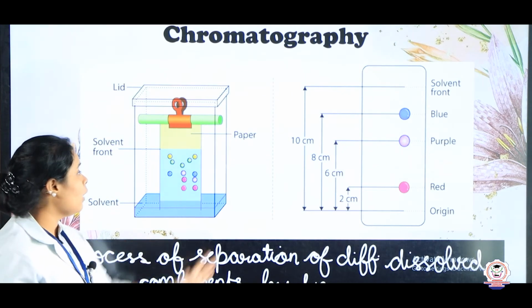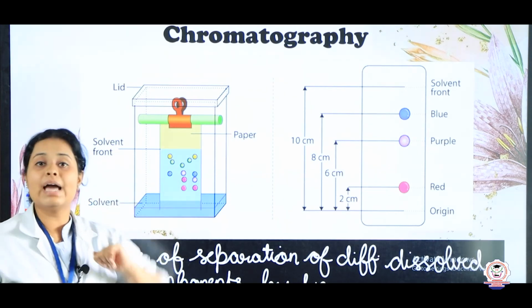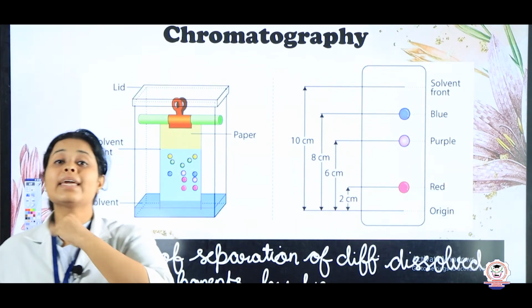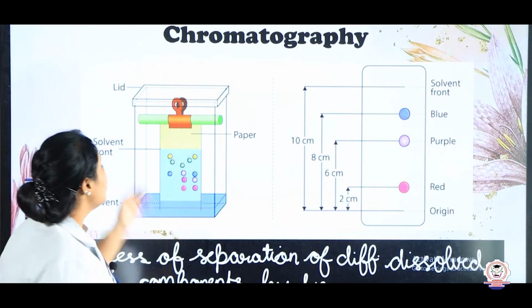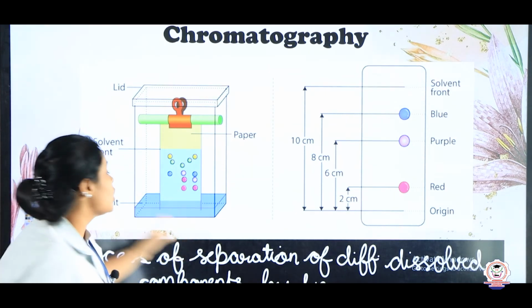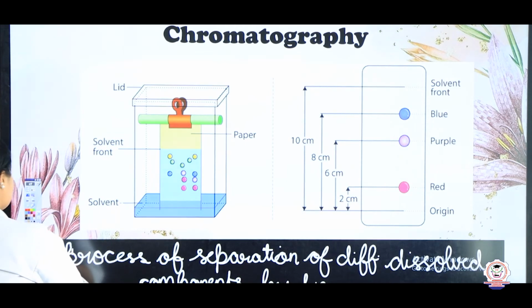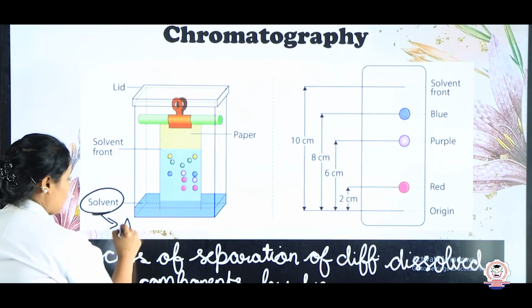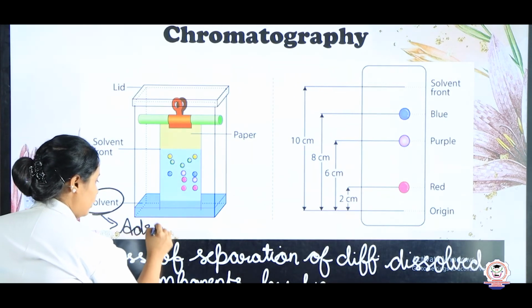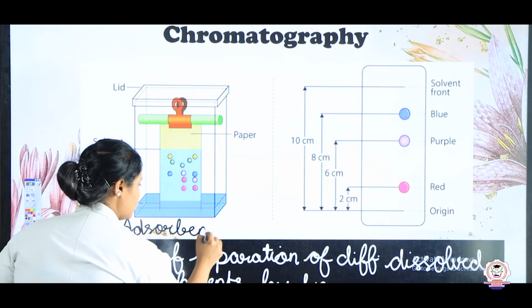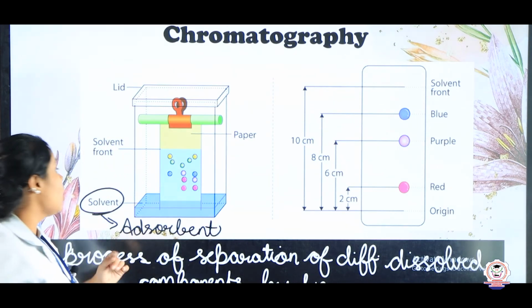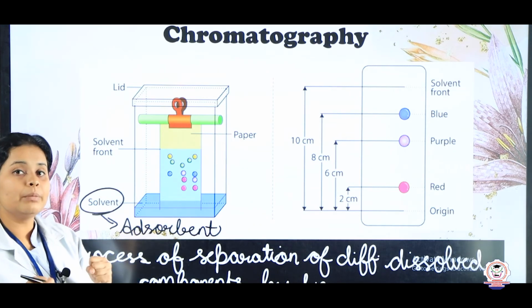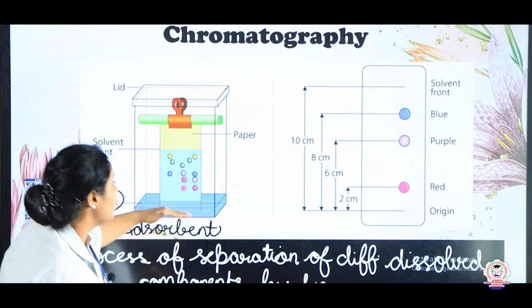For example, here on the paper I have taken a place, and in that place I have added red ink, black ink and blue ink. When I am adding it and keeping a solvent here, this solvent is also known as an adsorbent. According to the affinity, meaning attraction, it will go up.